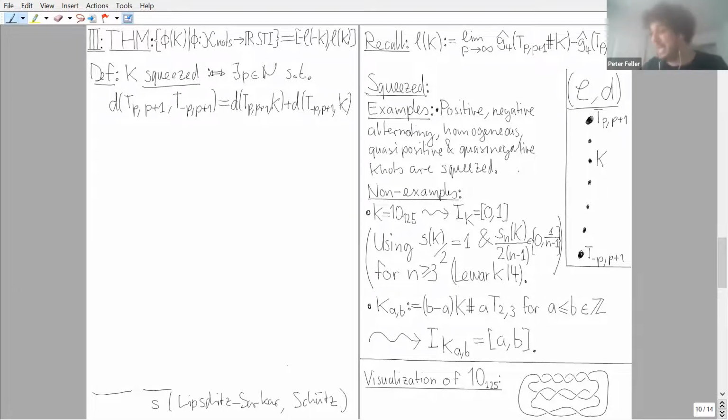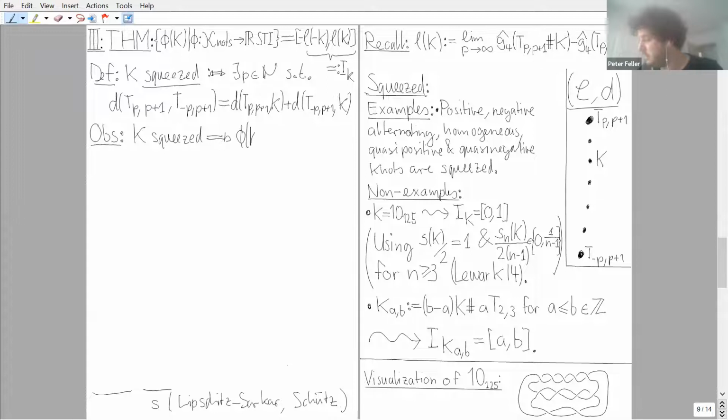And let me give you another statement, which I'm going to call an observation, but you can also think of it as an obstruction. If K is squeezed, then all slice-torus invariants agree. In particular, this set over here, which I maybe for future notice just call I of K, this set is just 1 point.